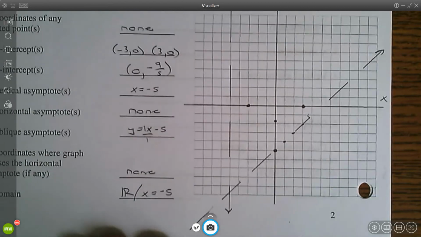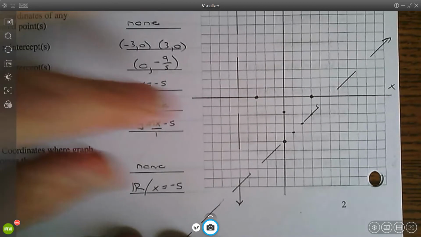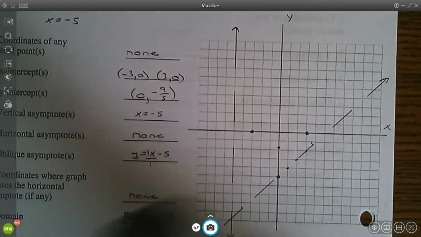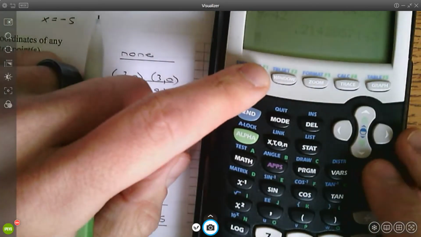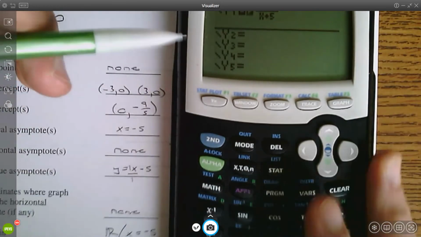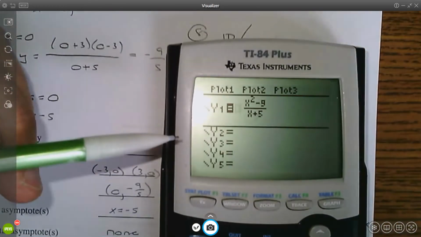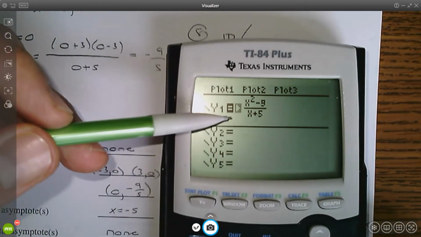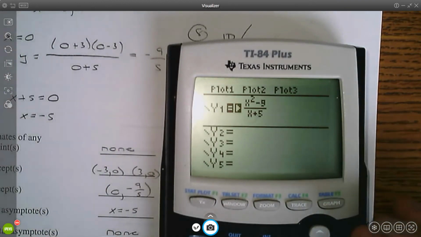So now we're going to utilize the calculator to figure out what the actual behavior is as it approaches these asymptotes. Just a reminder, you can get to the shortcut by doing alpha y equals to get the fraction. So there's the fraction that we have.